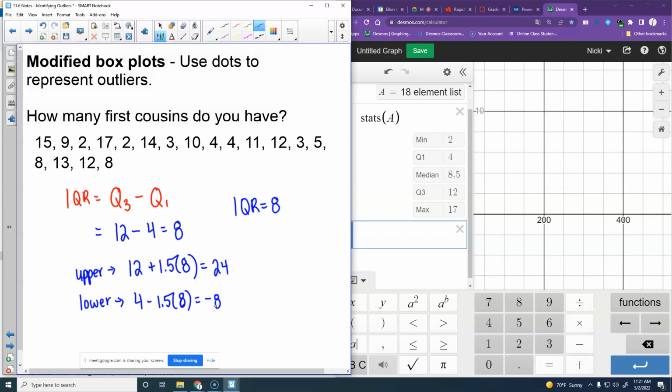Now, if we went back, the number of cousins people have is really declining here. So if we went back to like my grandparents' age, or just my parents, my grandpa had 10 brothers and sisters.